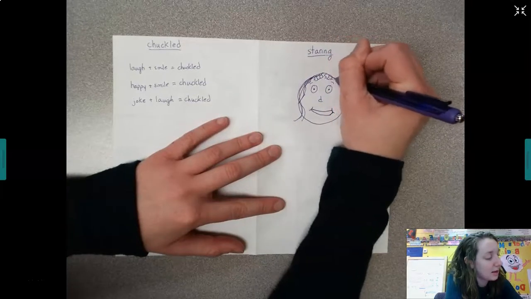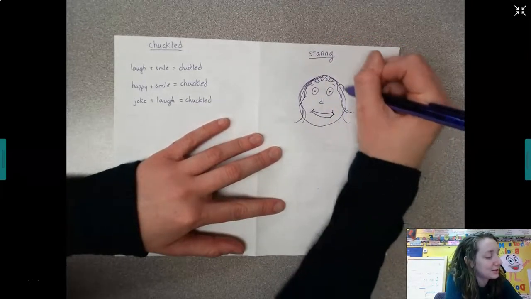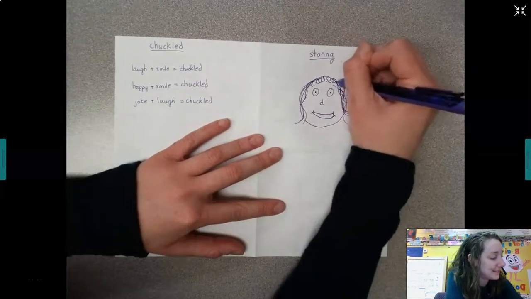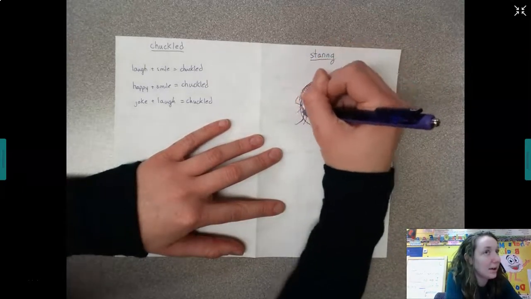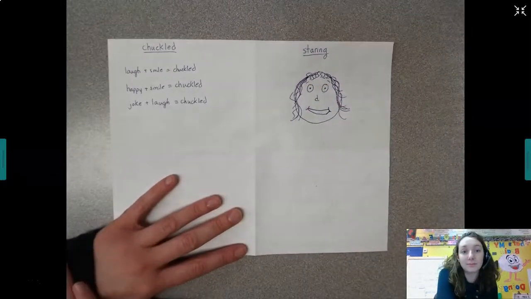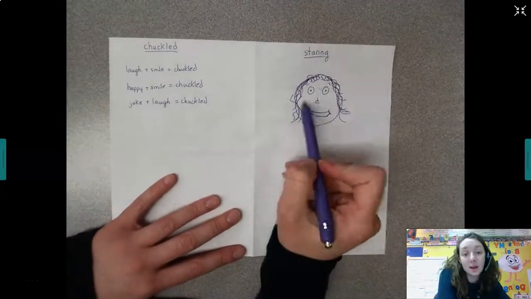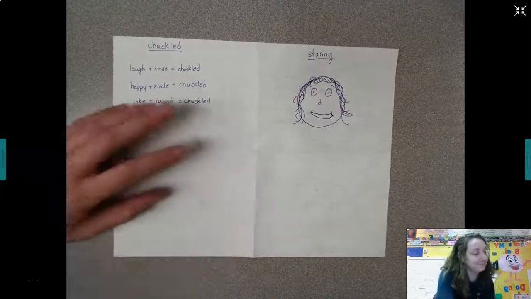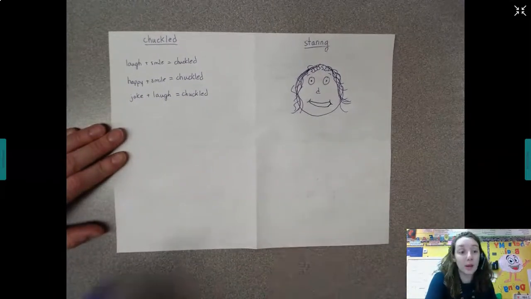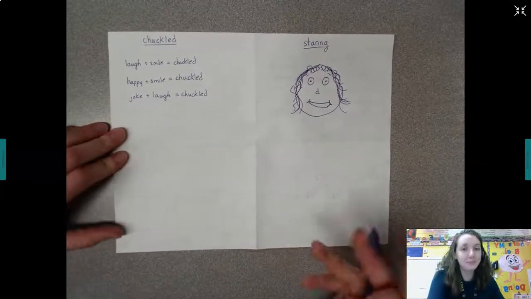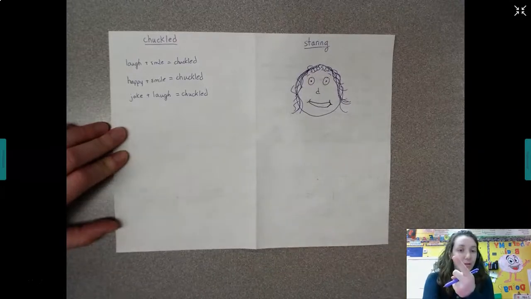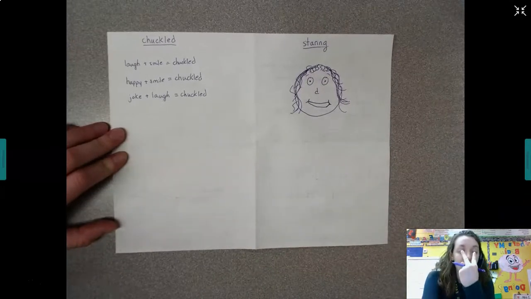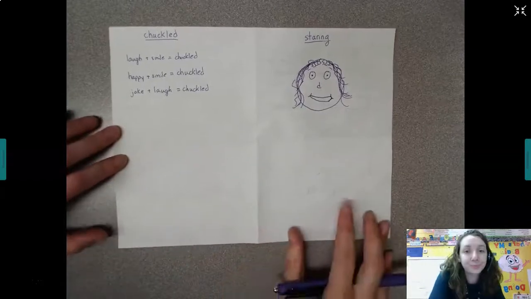Trying to give mine some hair. Not going super well. Alright, but she is staring. Okay? So staring. Whatever your person looks like, they need to be staring right at my eyes. Because she's looking really hard at something. Like how we look with our eyes on the learning target from our rules from our small groups. Eyes on the learning target.